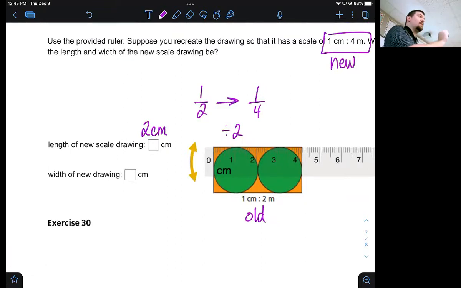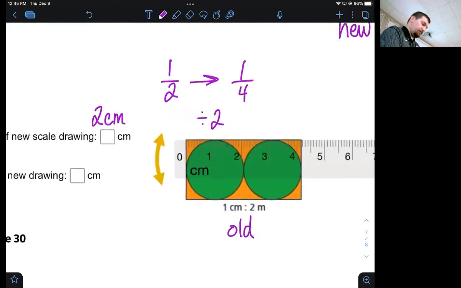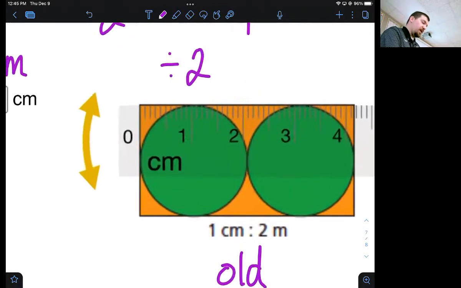Okay, rotate that. What's the current old measurement of the width? Not the old scale. I want to know what this measures right here. Not 2.5.